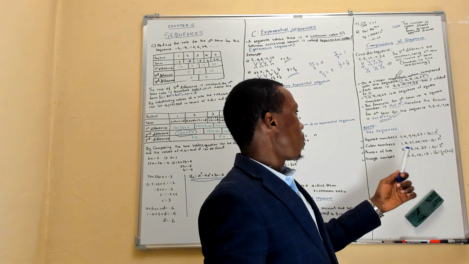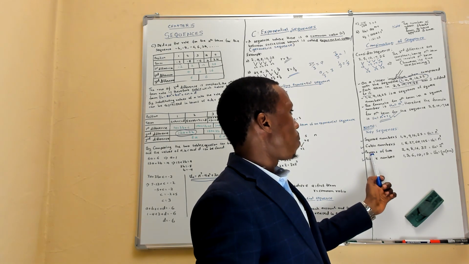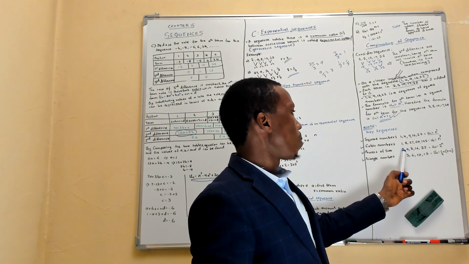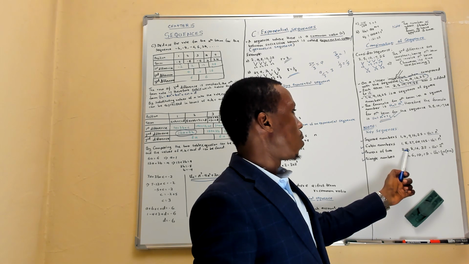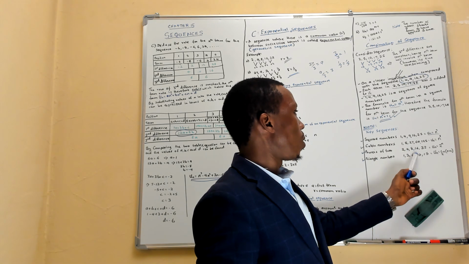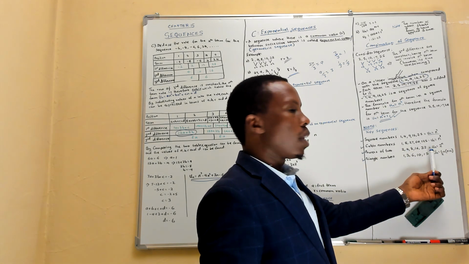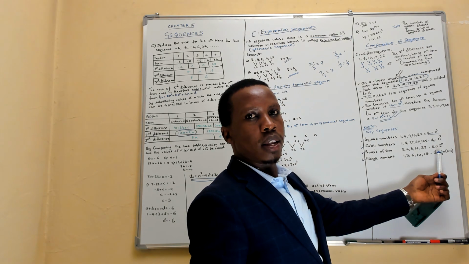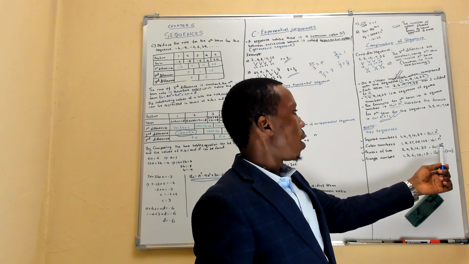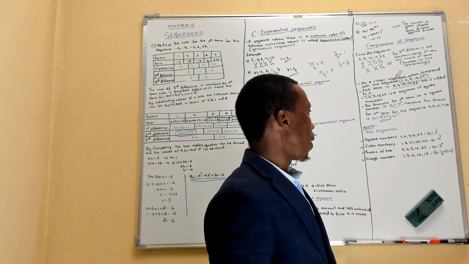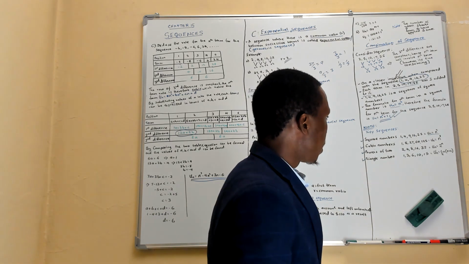Then a key sequence for the powers of 2, that is 2 power 1 is 2, 2 squared is 4, the power of 2 is given as un equals 2 power n. Then we have the triangle numbers.